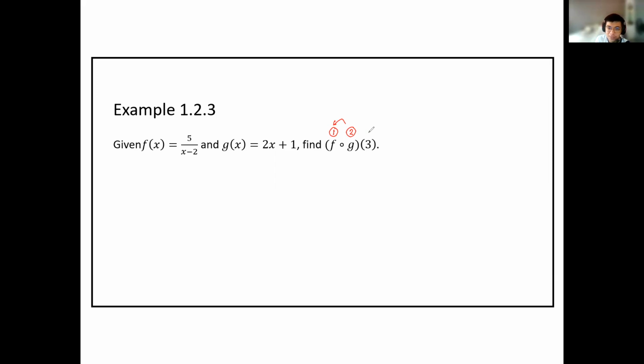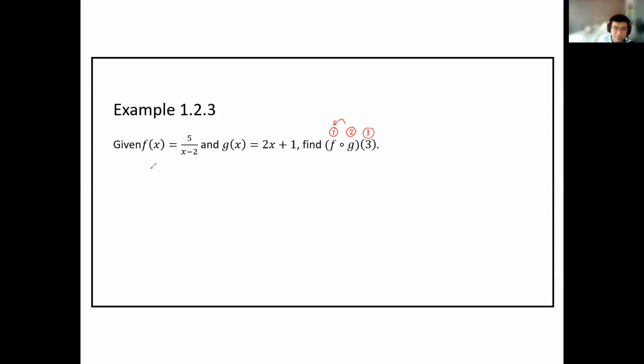But this time we're going to have a third step because x has a value of 3. Meaning the domain is 3, right? The plug-in value is 3. So we're going to have another step, an extra step in order to find the value of f of g.